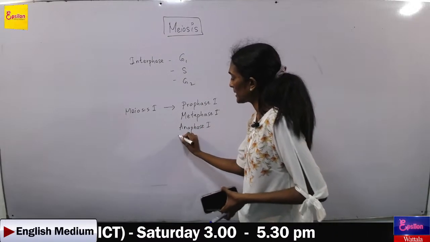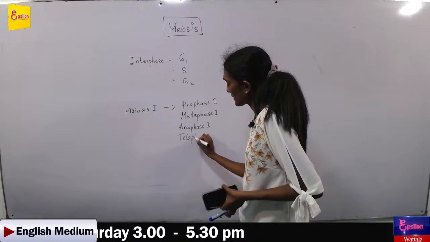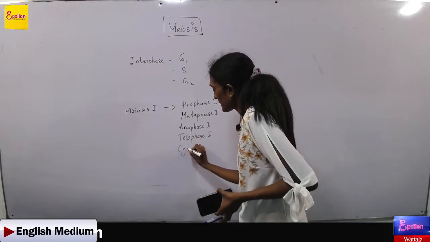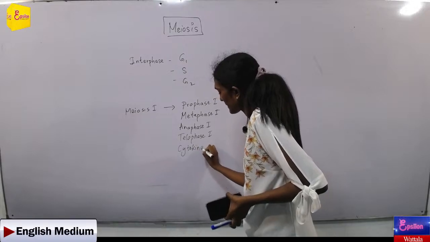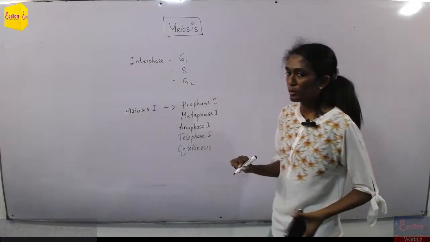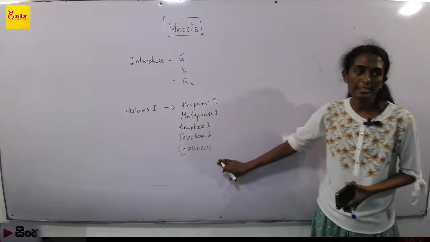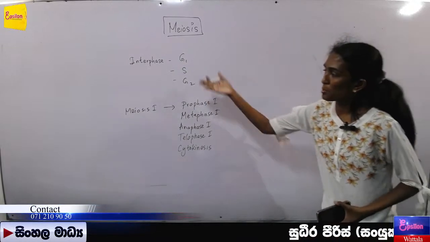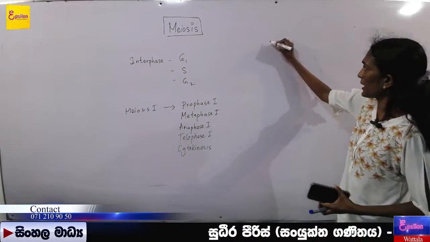After that, telophase 1. After that, cytokinesis. We are not going to write 1 or 2 here, but still this is the first cell division. And I'm going to meiosis 2. You should write after this one. I'll write it here.